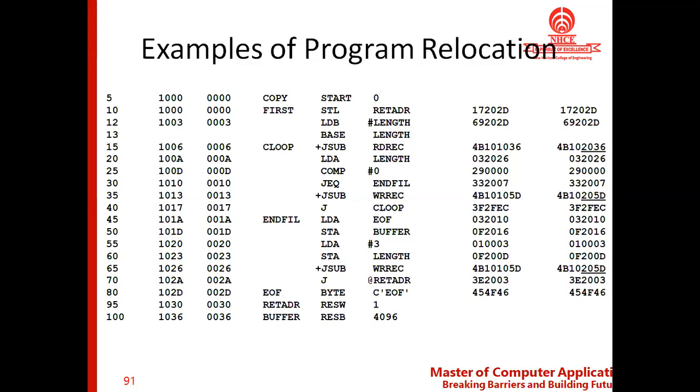So what is the address field? Out of 4B101036, 01036 is the address bits, right? Now, in which location are these address bits available?